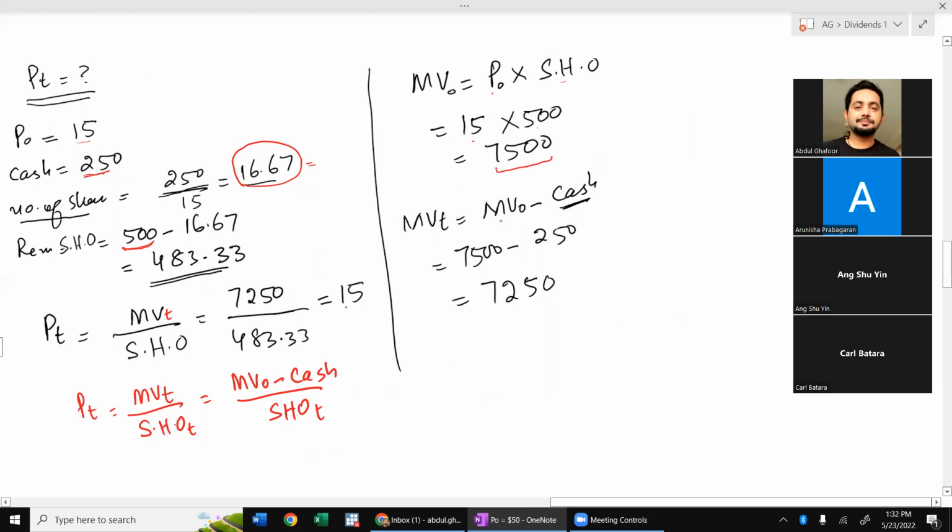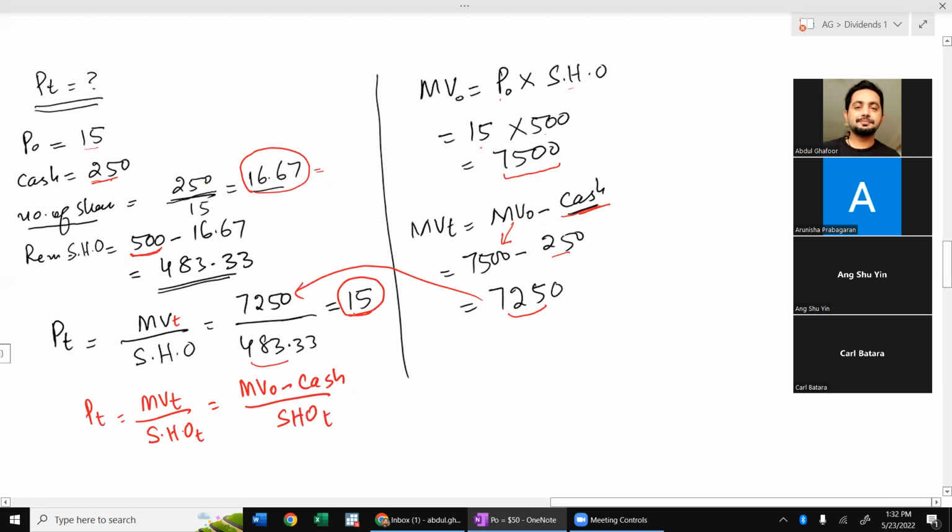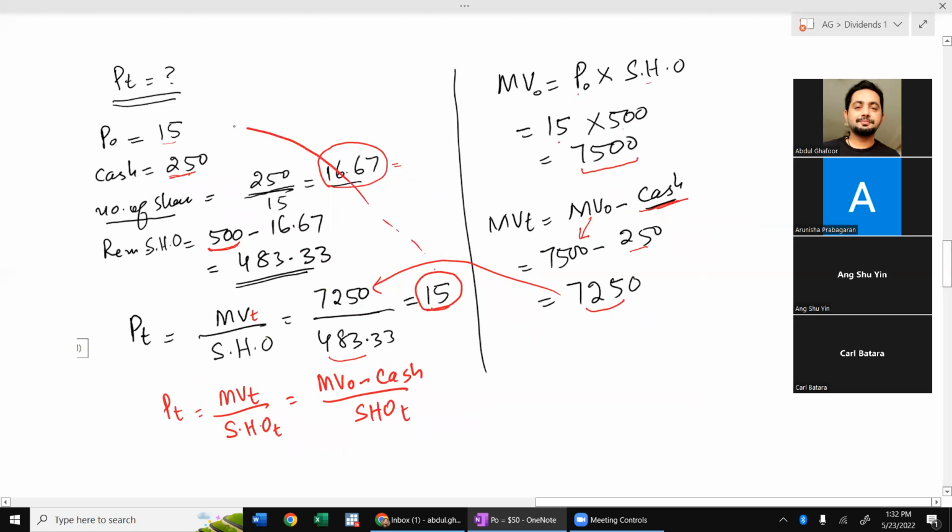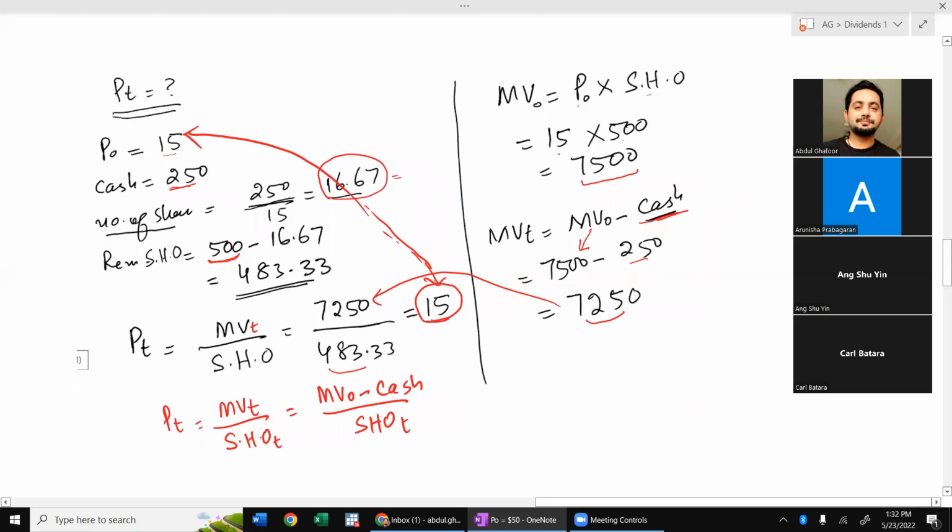MVT is equal to MV0 minus the cash that we distributed, 250. Divided by the remaining number of shares, this will give you the answer. As you can see, the price before and the price after are always equal when there are no taxes. Okay, clear so far, students?